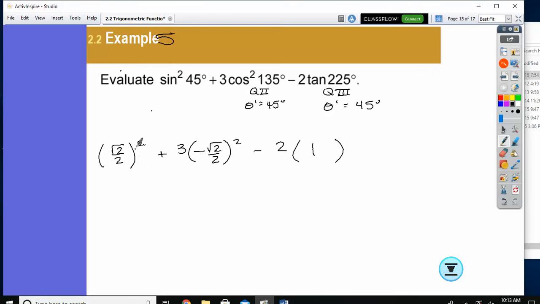So now if I simplify this, this would be radical 2 squared is 2 over 4, so 1/2, plus 3. When you square a negative, it becomes a positive 1/2.